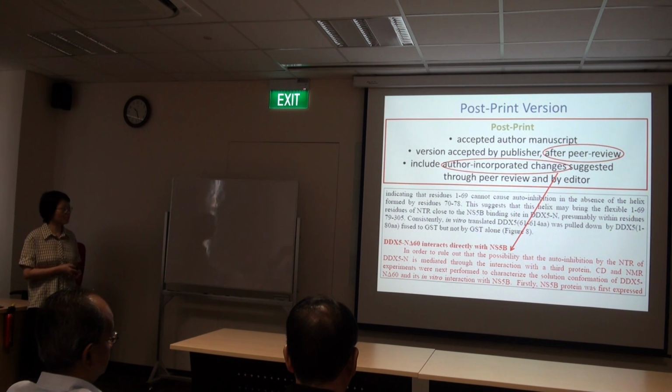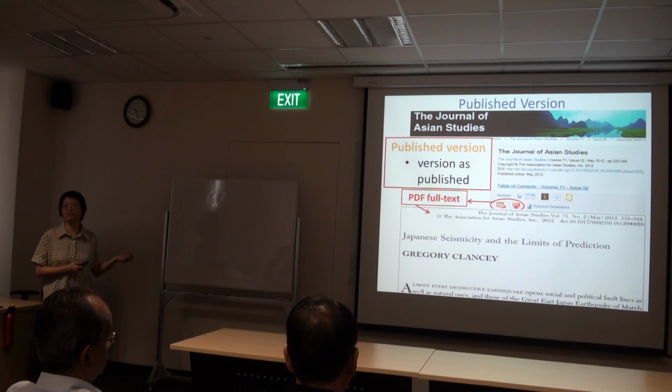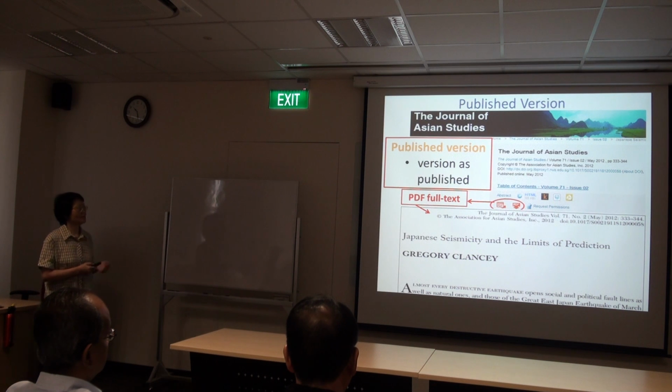So this is an example. The red one is the author incorporated changes after the peer review process. So this is the postprint version. Then there's the published version, which is the version as published. And we often see this because NUS subscribes to the online articles. Yeah. So this is an example with permission from Prof. Clancy. Right?